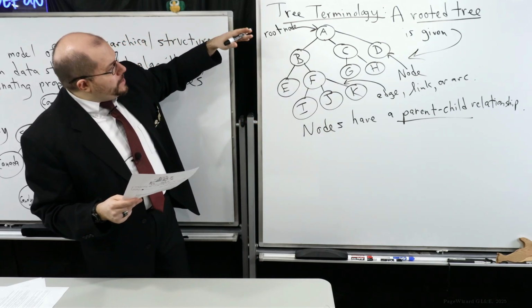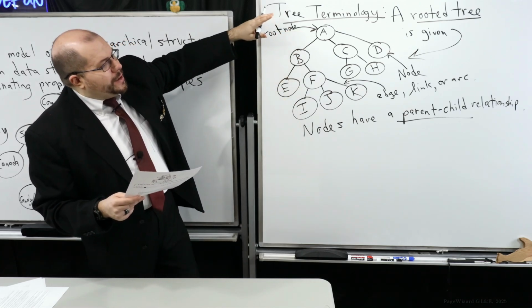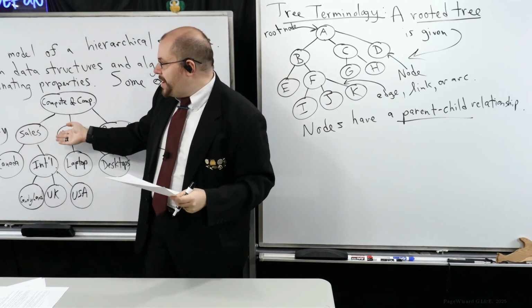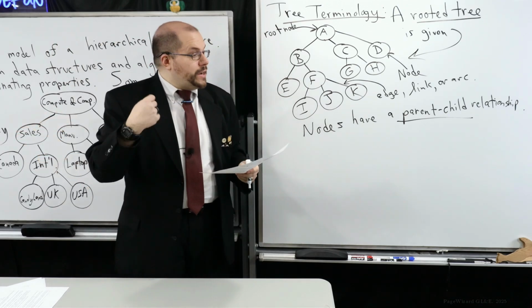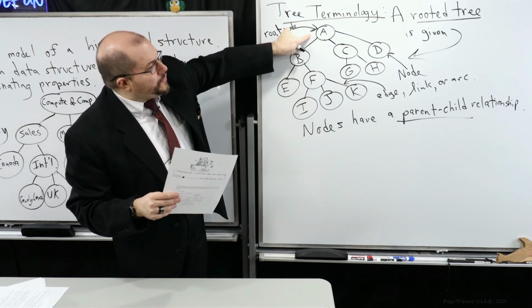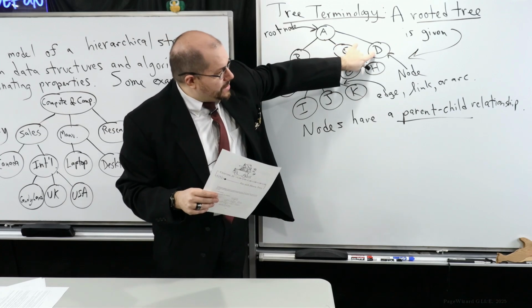And we want to think about it as we go downward down the tree, like in many different settings. Another good example of something like a tree is the history of a family. This can be the first ancestor, and there are children of that ancestor.